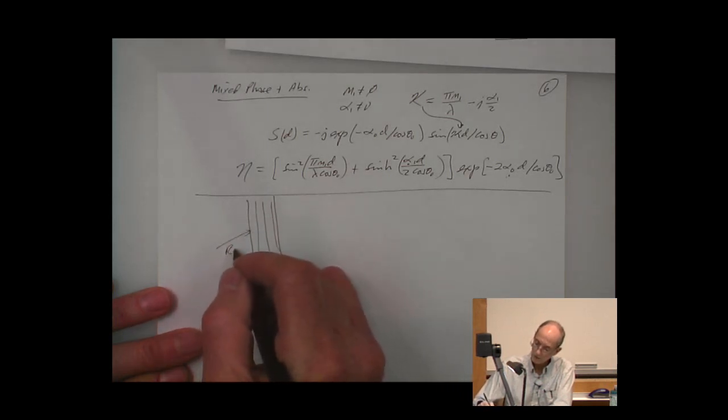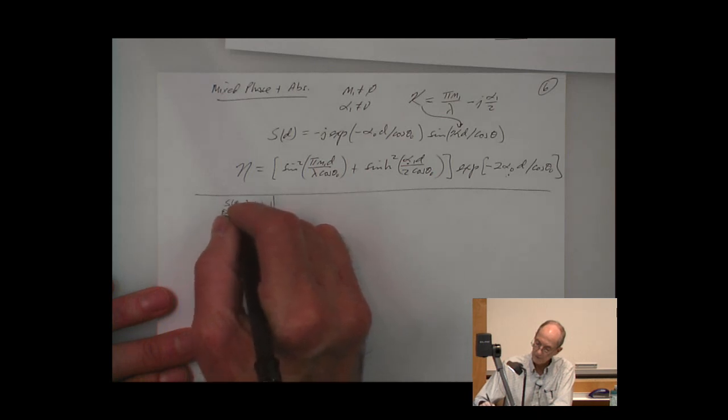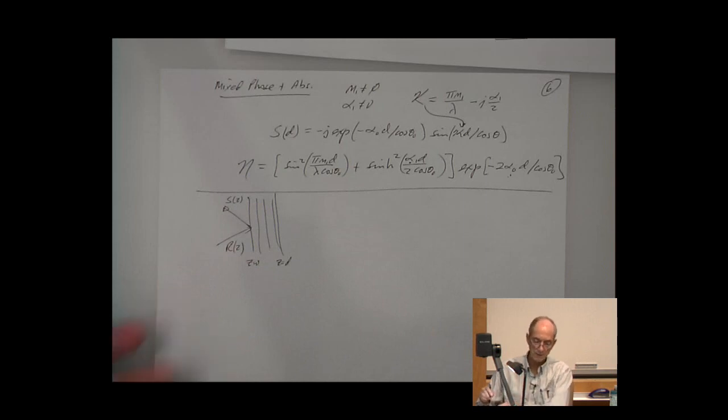So here's our r, and then we're going to have some s of z equals 0 coming out here that we're describing.